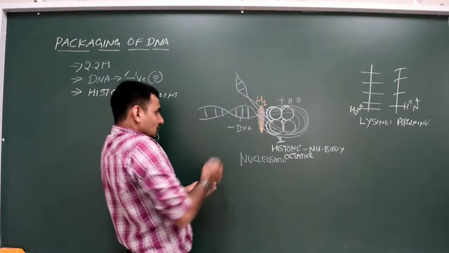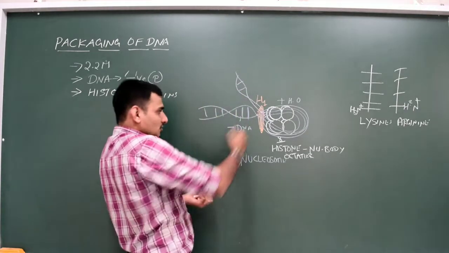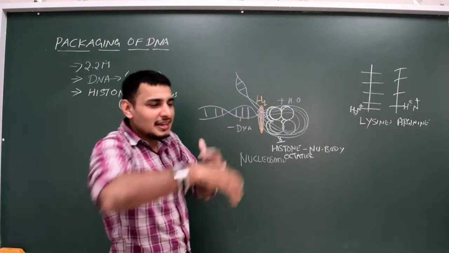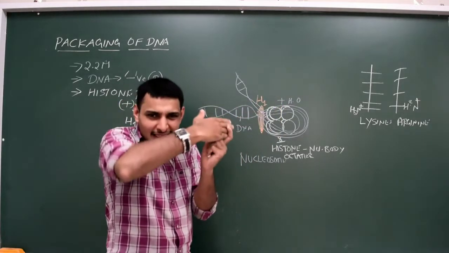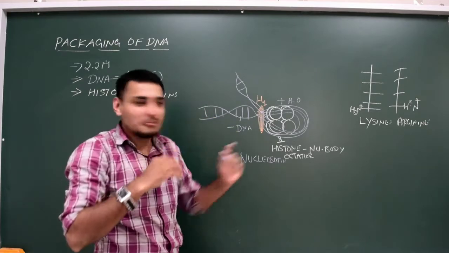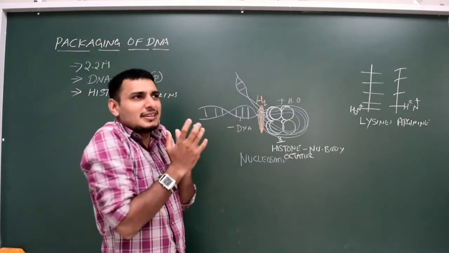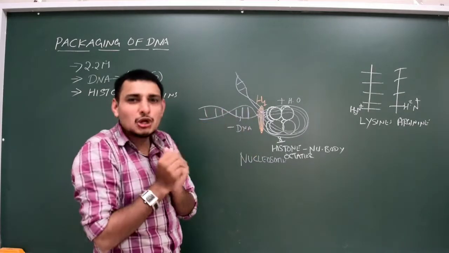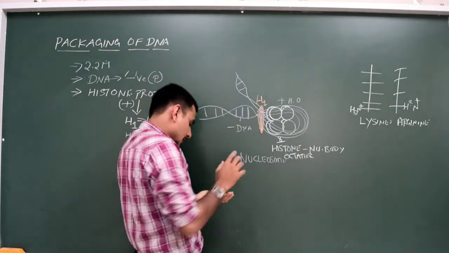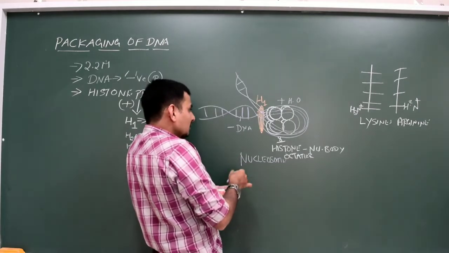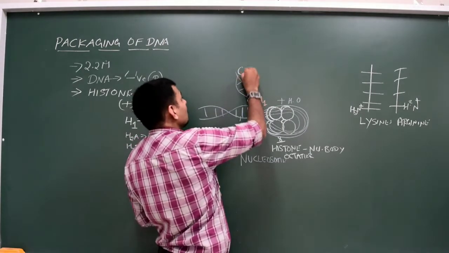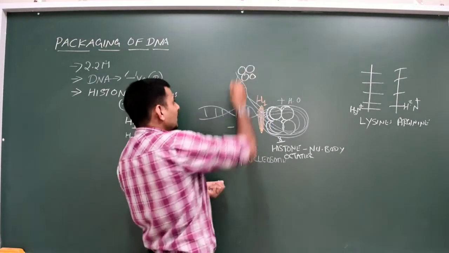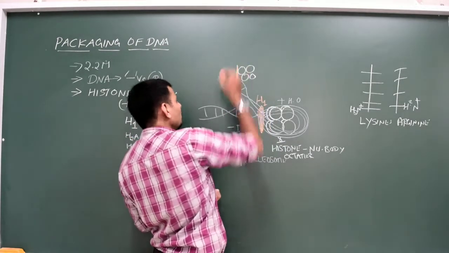Now what happens to this DNA? Because of the formation of the nucleosome, the length of the DNA is now a bit shortened. I should not say technically it is reduced, but the length is now a bit shortened. It is condensing. Next, it comes in contact with another histone octamer, and again you see another H1.